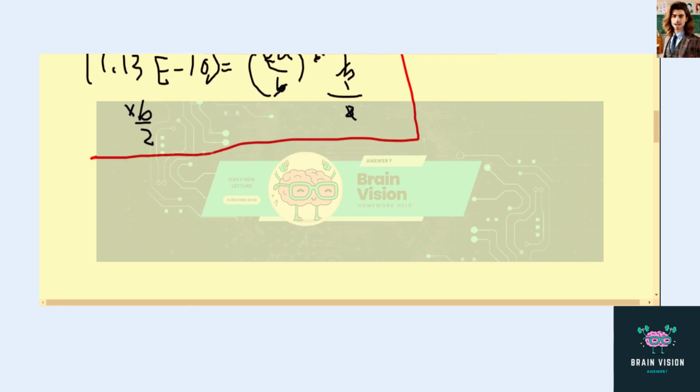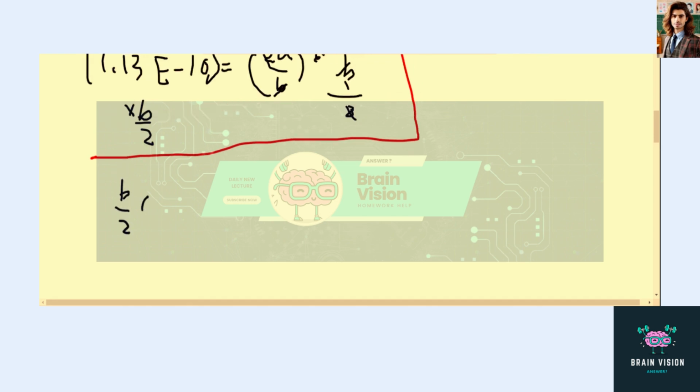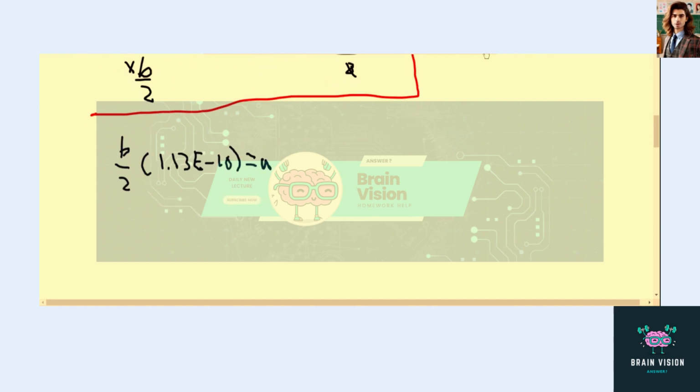Or to simplify it a little bit, make it neater, you'll have b over 2 times 1.13 times 10 to the power of negative 10 is equal to a. And that is our value of a.